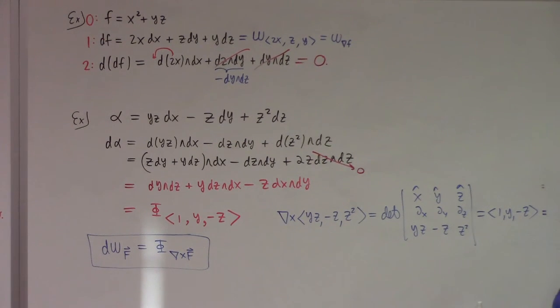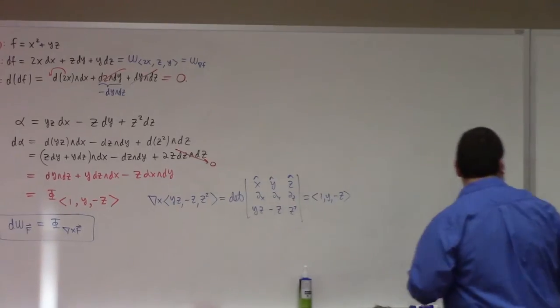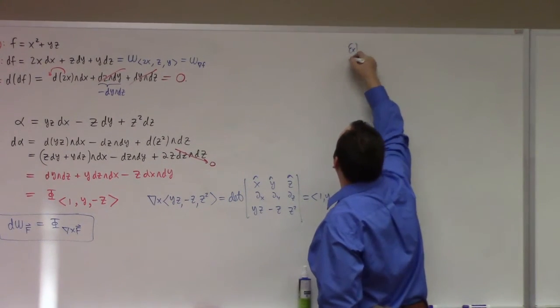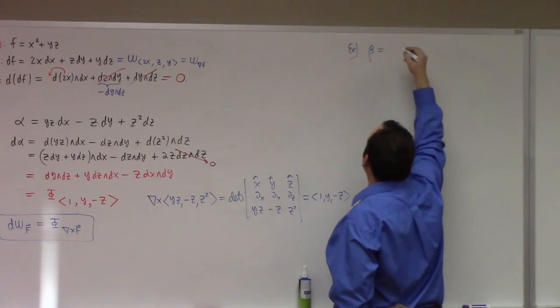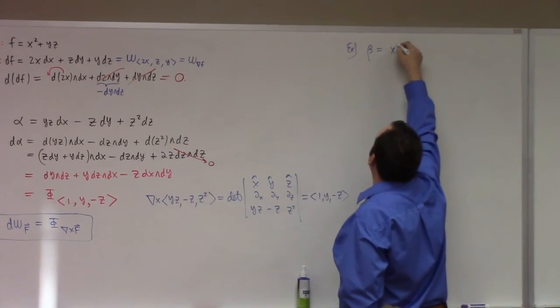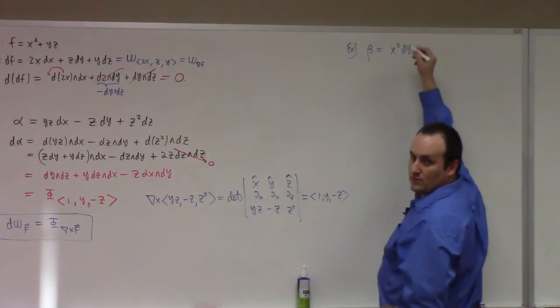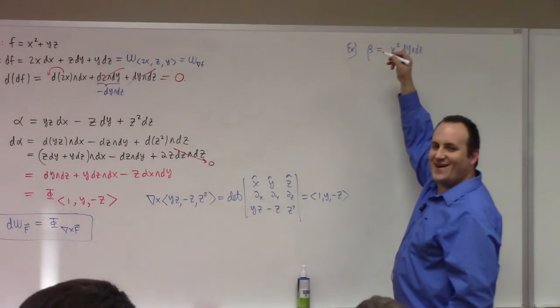Oh no! It's okay. I think I still know it. All right. So, what would be our next example? How about if we had beta equal to x squared dy wedge dz? What was that?